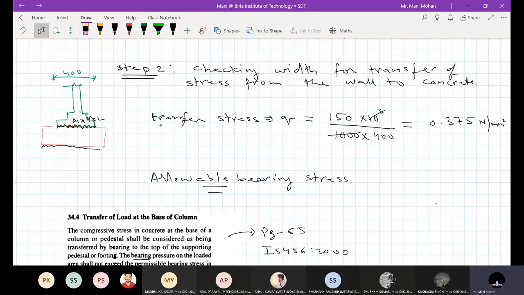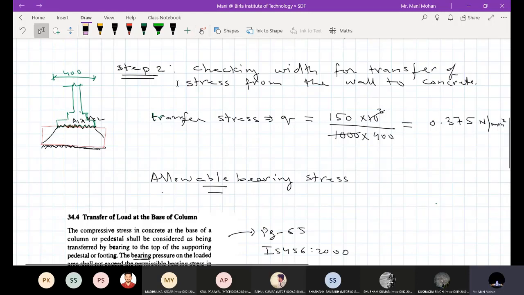Right now, since I just want to know the bearing stress between this masonry wall and concrete, A1 and A2 both are the same. But suppose I wanted to know my bearing stress over here, then A2 would have been this one, and A1 would have been obtained by creating a sloping line.